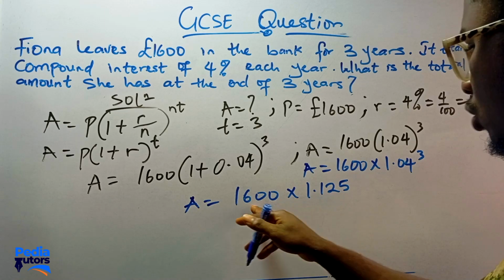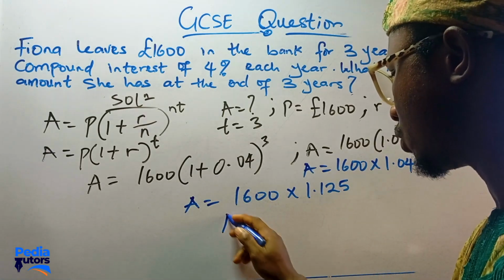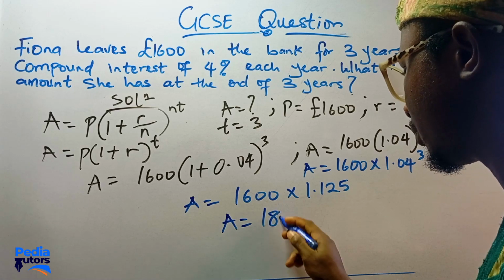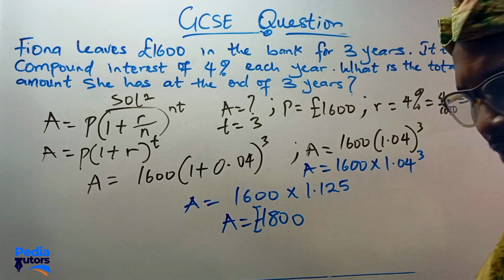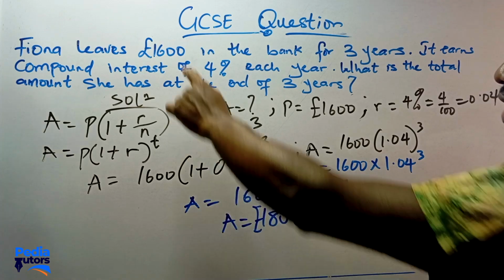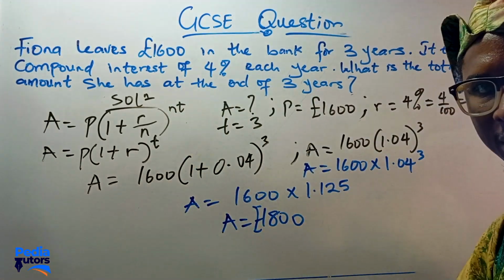By the time we do the multiplication, we are going to have our A to be £1,800. So that means at the end of 3 good years, our money has moved from £1,600 to £1,800.